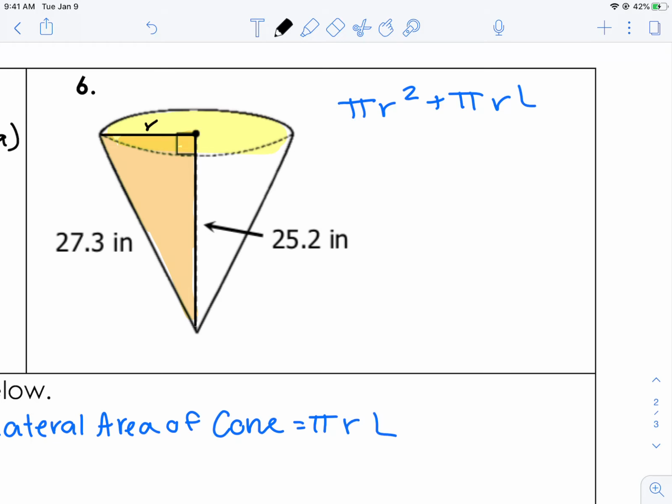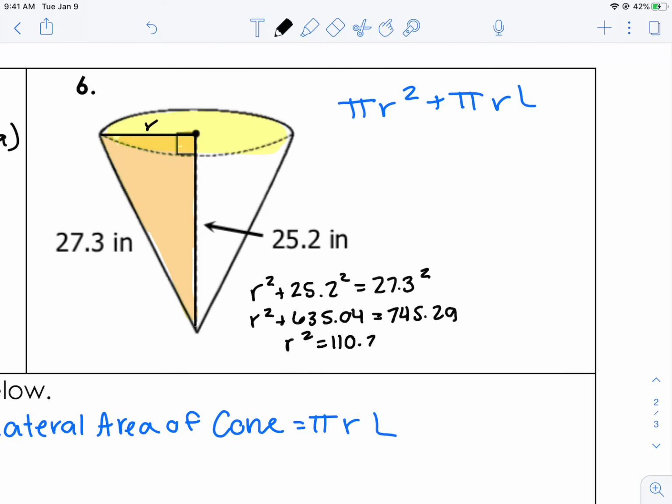Well, this is my hypotenuse, so I'm going to do r squared plus 25.2 squared is equal to 27.3 squared. So I get r squared plus 635.04 is equal to 745.29. R squared equals 110.25, so r is going to equal 10.5.